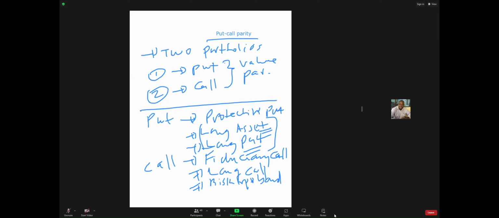Which means, whereas you have the right to buy, you are also having an assurance of having the money that is equal to the exercise price.